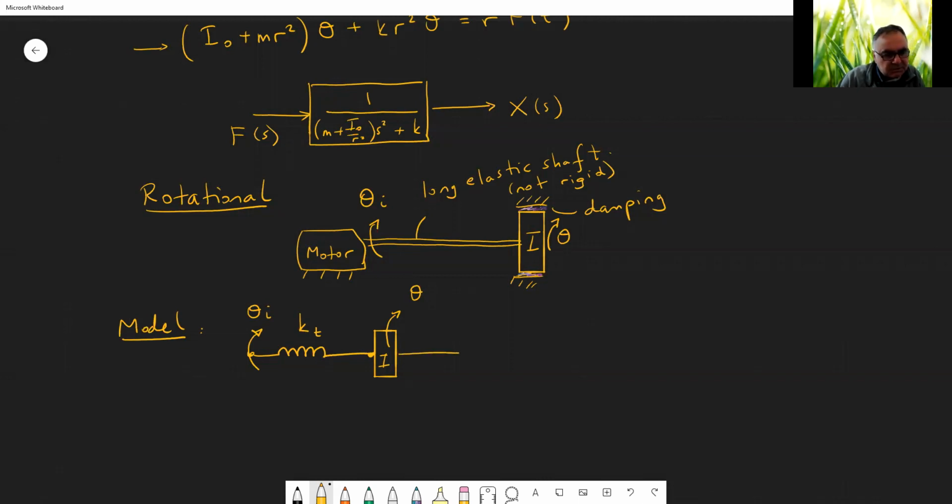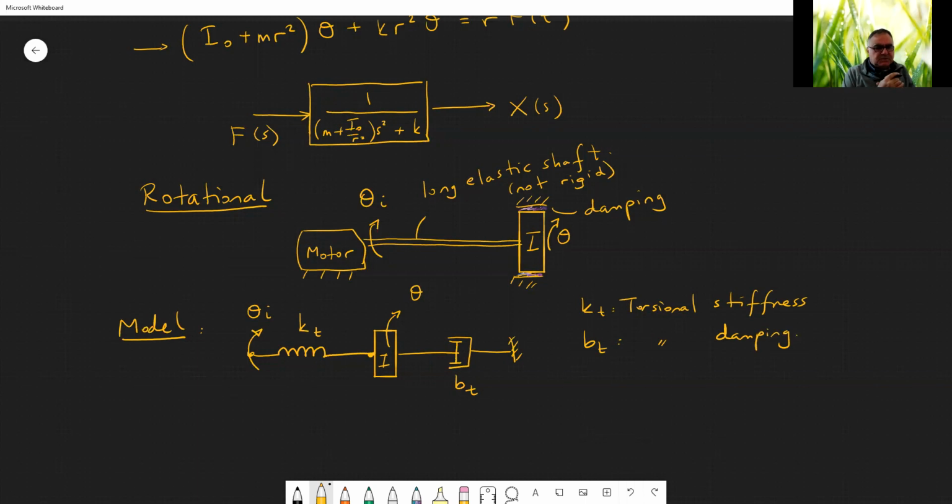So we will represent this by an element like this, between the ground and this thing, B T, let's say. Okay, torsional damping. So this is torsional stiffness. K T is torsional stiffness, and B T is torsional damping.